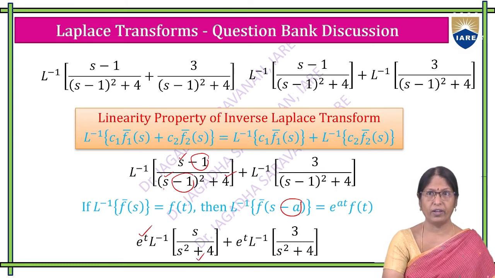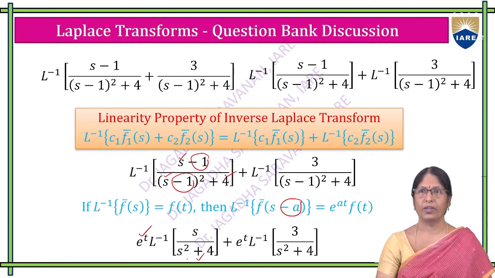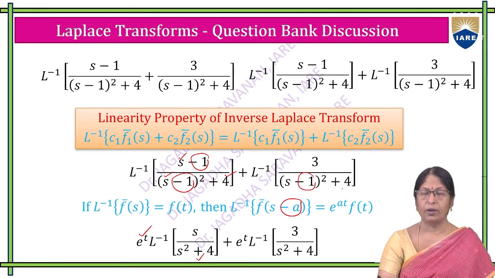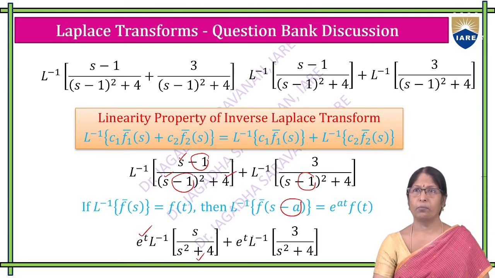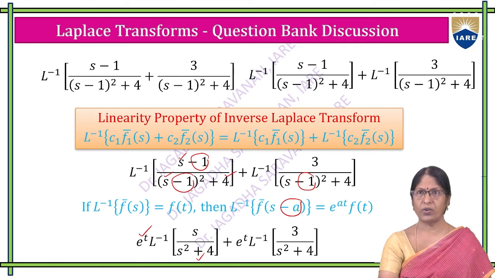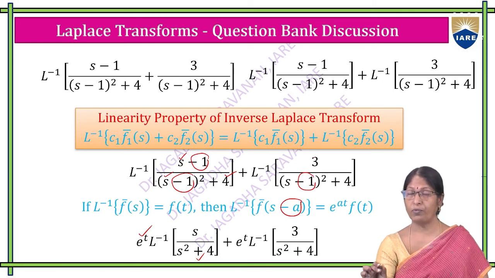Yes, I put a tick, but the power is square, so s square. Here also, minus 1 is there, e power t. But there is a doubt here. The numerator also has s, but we have to be very careful while applying the formulas.